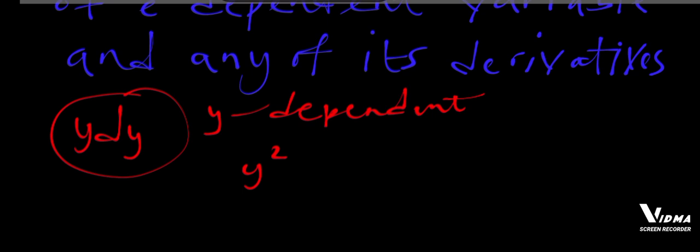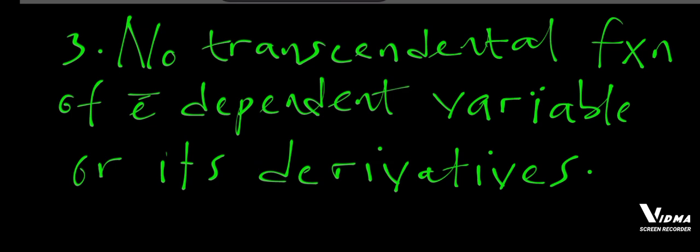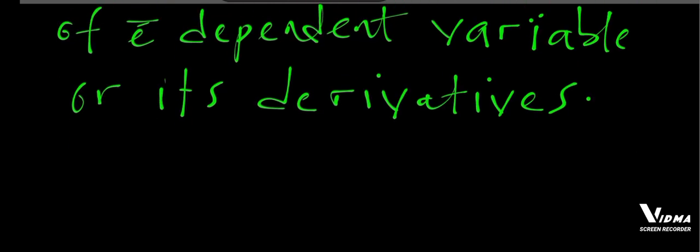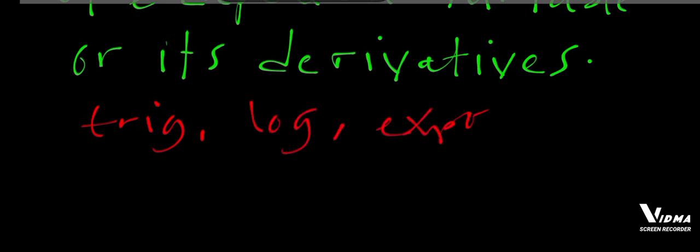And the last but not the least is that there must be no transcendental function of the dependent variable or its derivatives. When we talk about transcendental functions, we are talking about our trig functions, logarithm functions, and exponential functions.